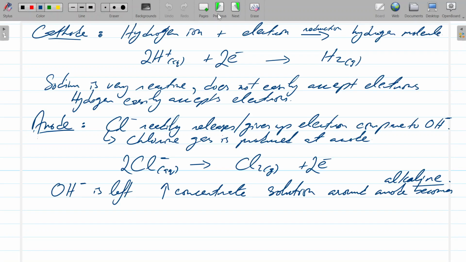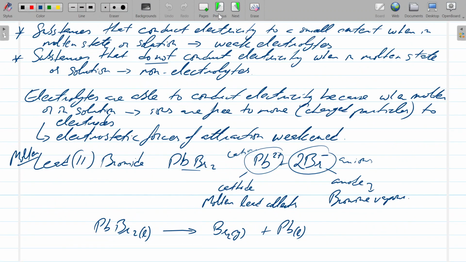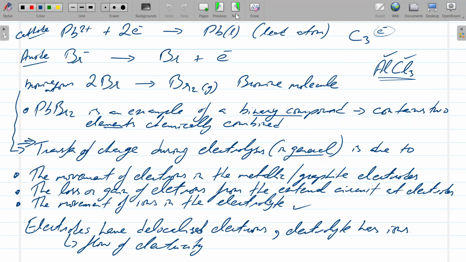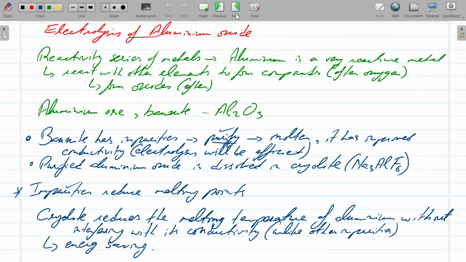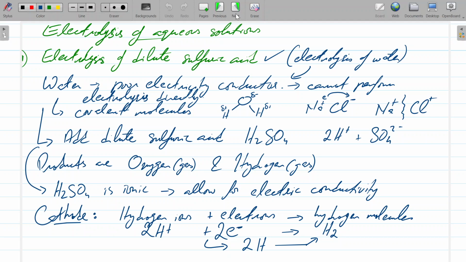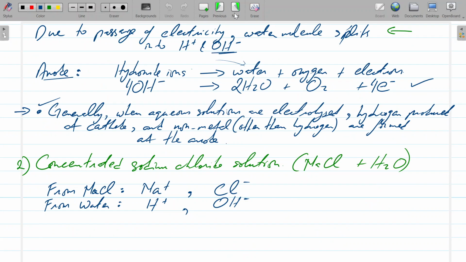We've been talking about electrolysis, and so far we've covered the basics of electrolysis, the guidelines for electrolysis, the electrolysis of aluminum oxide to extract pure aluminium, and then the electrolysis of aqueous solutions, where we talked about dilute sulfuric acid, which is basically electrolysis of water in a way, and then concentrated sodium chloride solution.